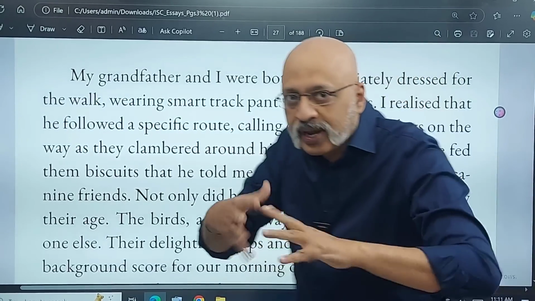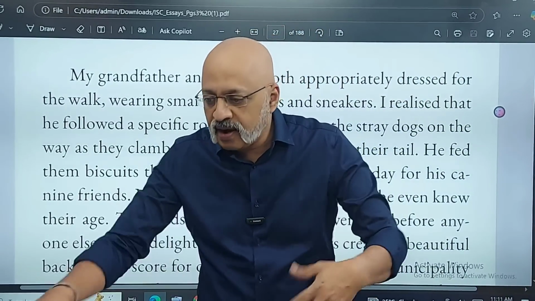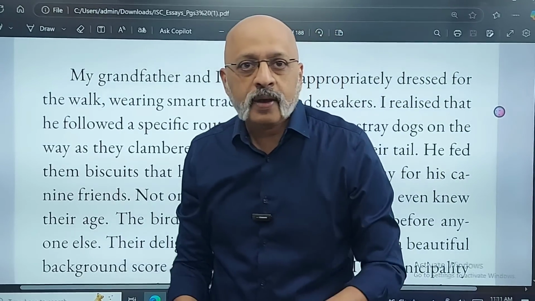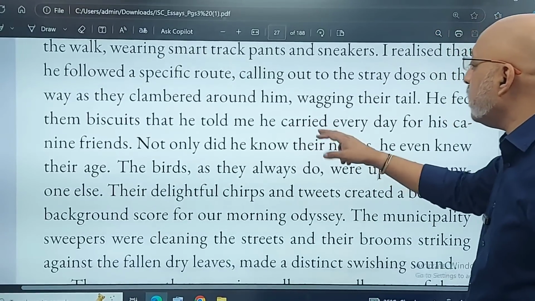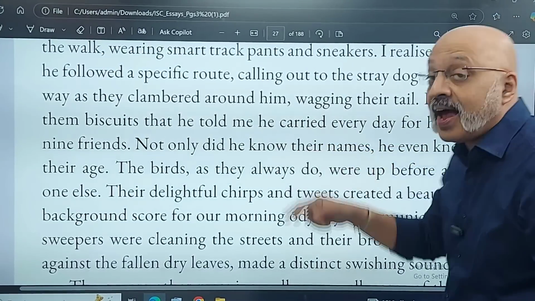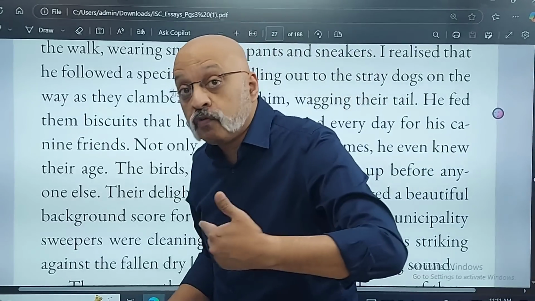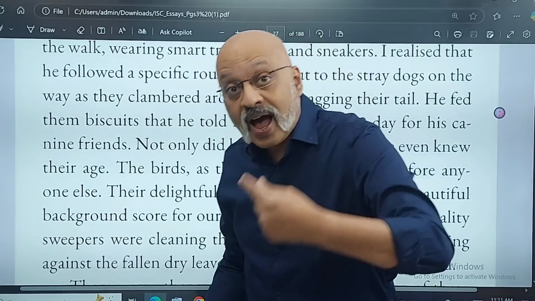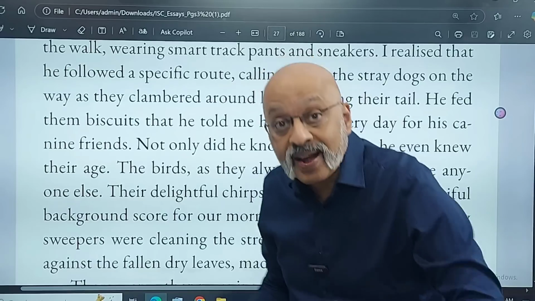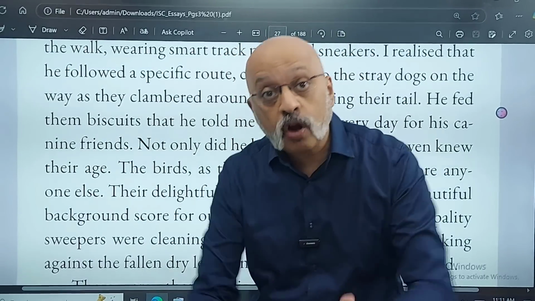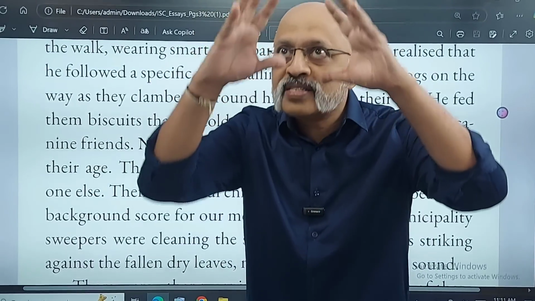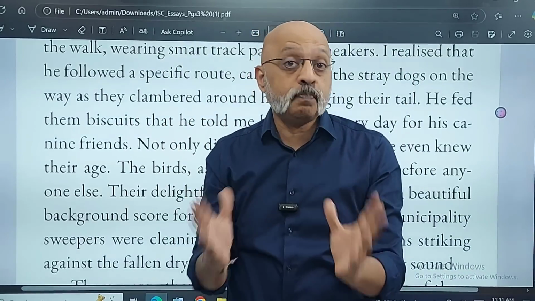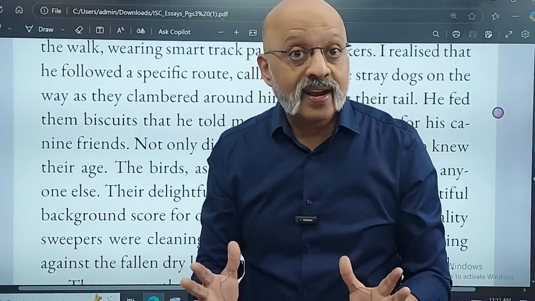So they clambered. You can imagine the scene, your grandfather there and about 3-4 stray dogs coming. And what does he do? He fed them biscuits that he told me he carried every day for his canine friends. Instead of using the word dogs again, I've used the word canine, and I have used the word friends because they're all his friends. It tells you a side of your grandfather's persona, that this is his character.